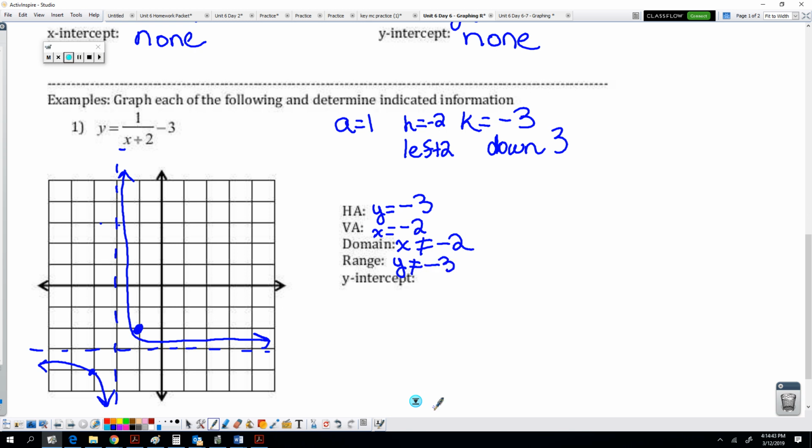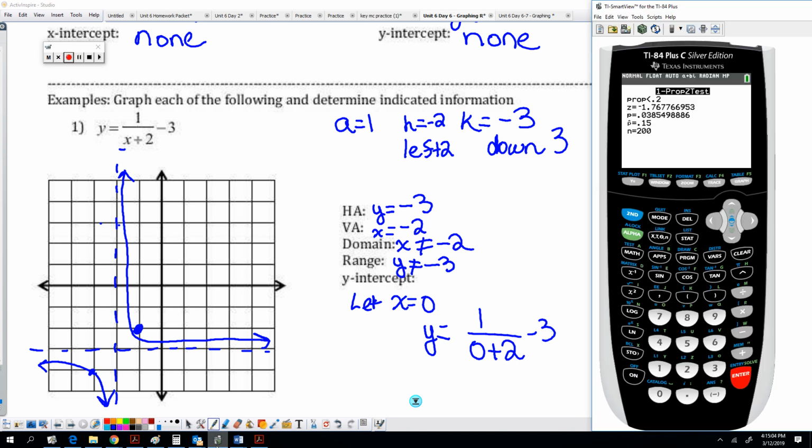So now what we need to do is find out what your y-intercept is. When you want your y-intercept, you're going to let x be equal to 0. So we're going to plug in 0 for x, and then we're going to solve. I'm actually just going to go to my calculator and see what that is.